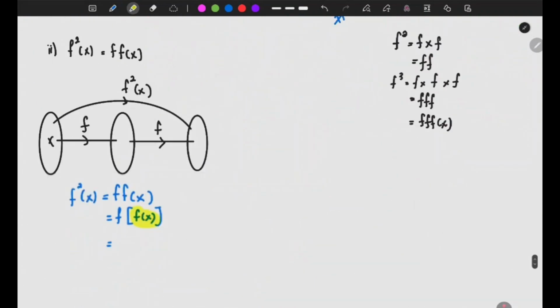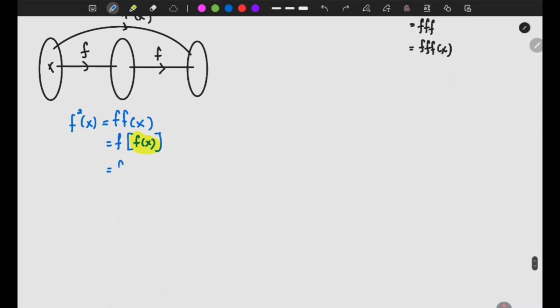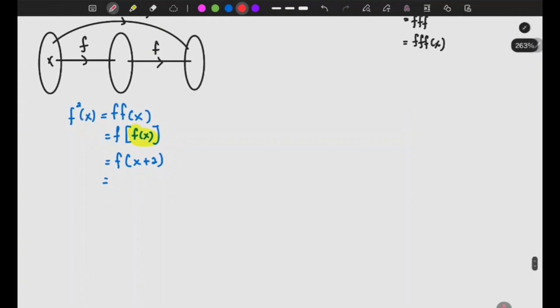Next, also the same. Remember I told you, whatever is inside the bracket, assume it's like an x. You know your f(x) is x plus 2. If my input is 1, then it is 1 plus 2. If my input is 2, then it is 2 plus 2. If my input is g, then g plus 2, isn't it? Follow the same thing.